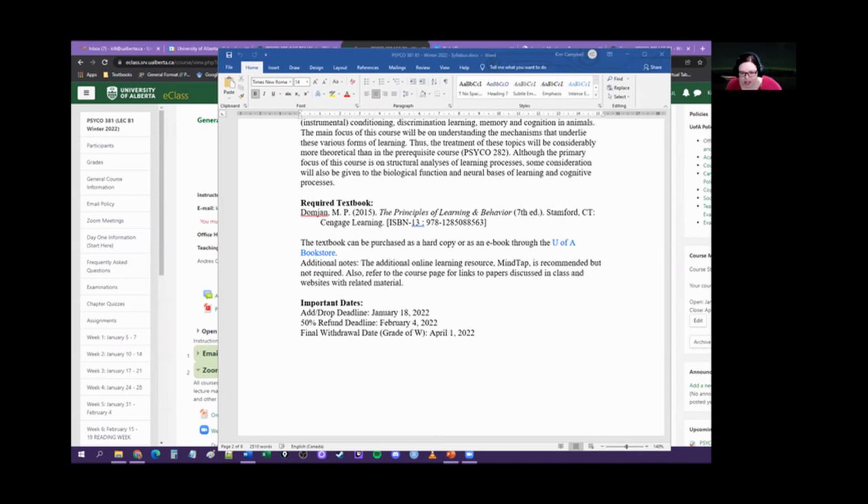Okay, and then I had another question about chapter quizzes. So chapter quizzes are going to come from the textbook, but I also base my lectures on the textbook. So it's not like I would ask questions about stuff that I've deemed not worth talking about, if that kind of makes sense. So I typically read through the textbook and decide what's important.